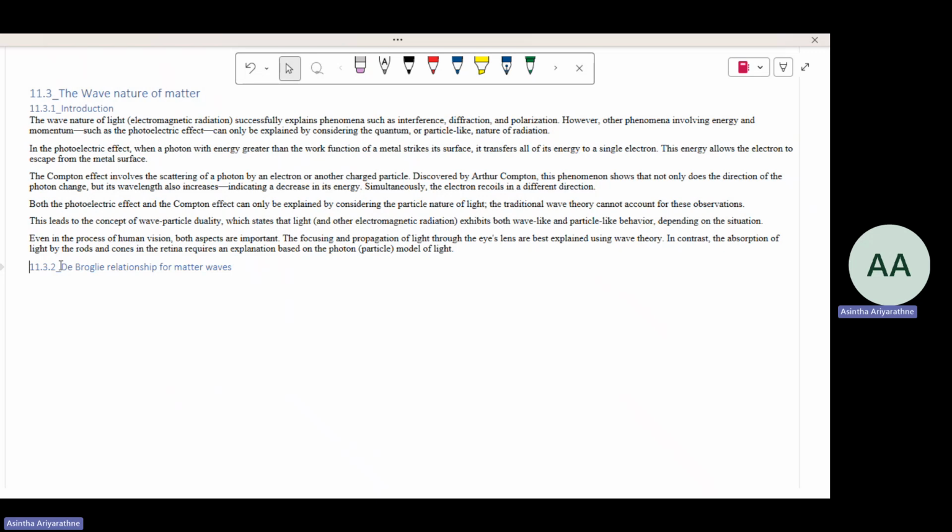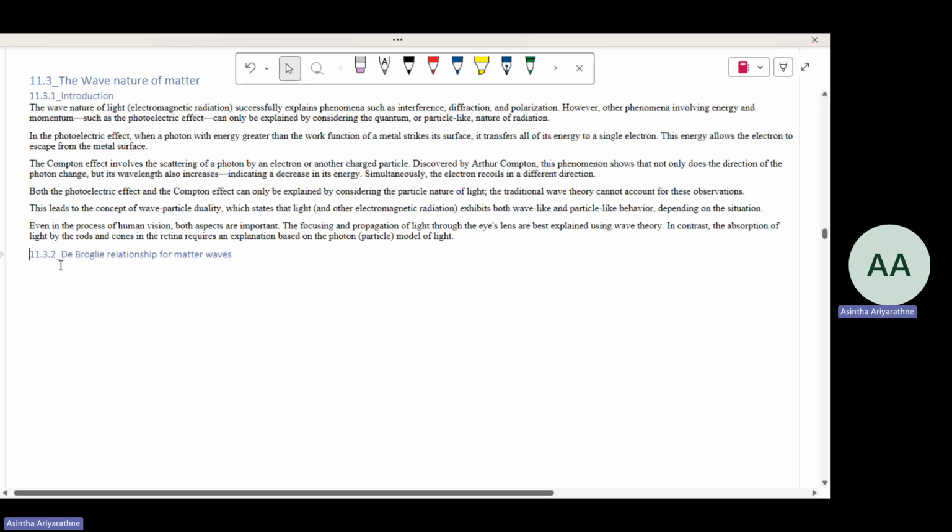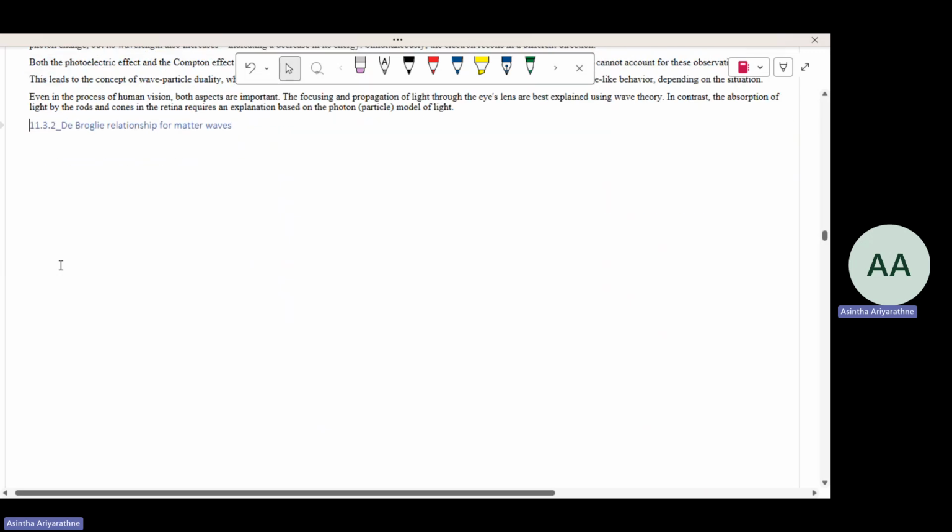But that doesn't mean it is completely so. Although it is somewhat biased towards wave properties, it could sometimes show the properties of particles, as we discussed in the photoelectric effect. That concept was introduced by Louis de Broglie in 1924, and he was able to come up with the formulation as well. So let's look at that one.